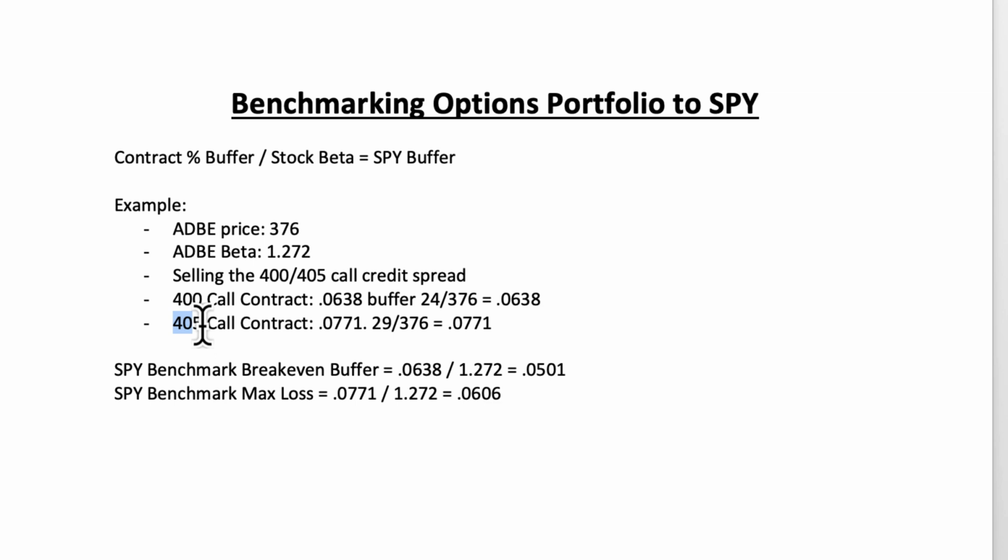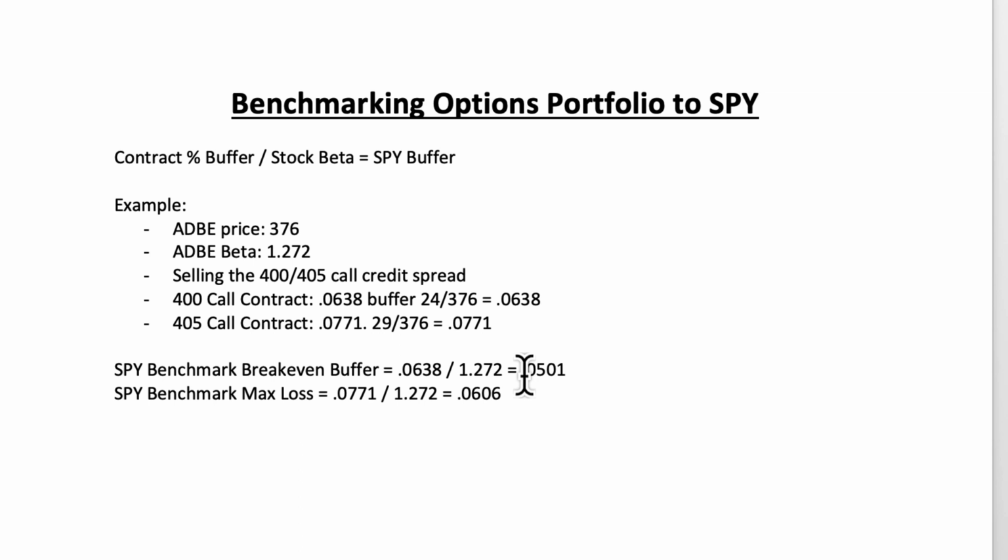So we want to know where that risk is, right? We also want to know where our risk is where we start losing money. So here I'm using the 400 call contract. Technically it's going to be above that because we're getting a credit when we're selling this credit spread. But just to keep it simple, we're going to say, where is our 400 call contract?